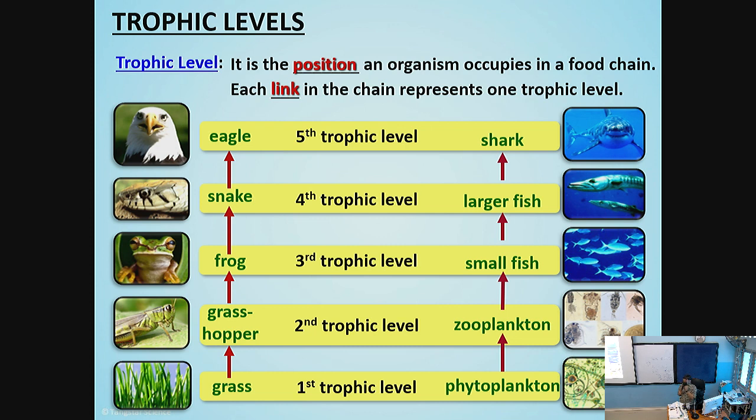You write it at the bottom of the energy pyramid. Acorn, squirrel, crow, and coyote. So write acorn at the bottom of the energy pyramid. That is the first trophic level in your worksheet.